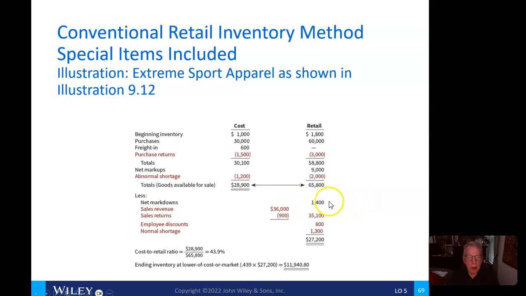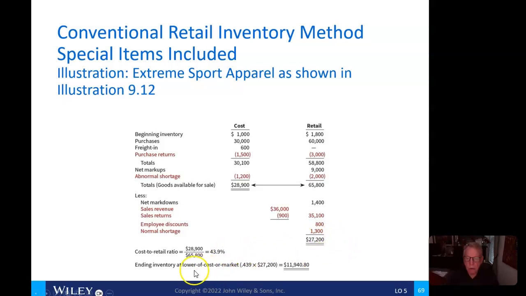So then we make an adjustment here for markdowns. Here the net markdowns, $1,400. Sales revenue less sales returns, $35,100. Employee discounts, $800. And normal shortage, $1,300. Gives us $27,200.